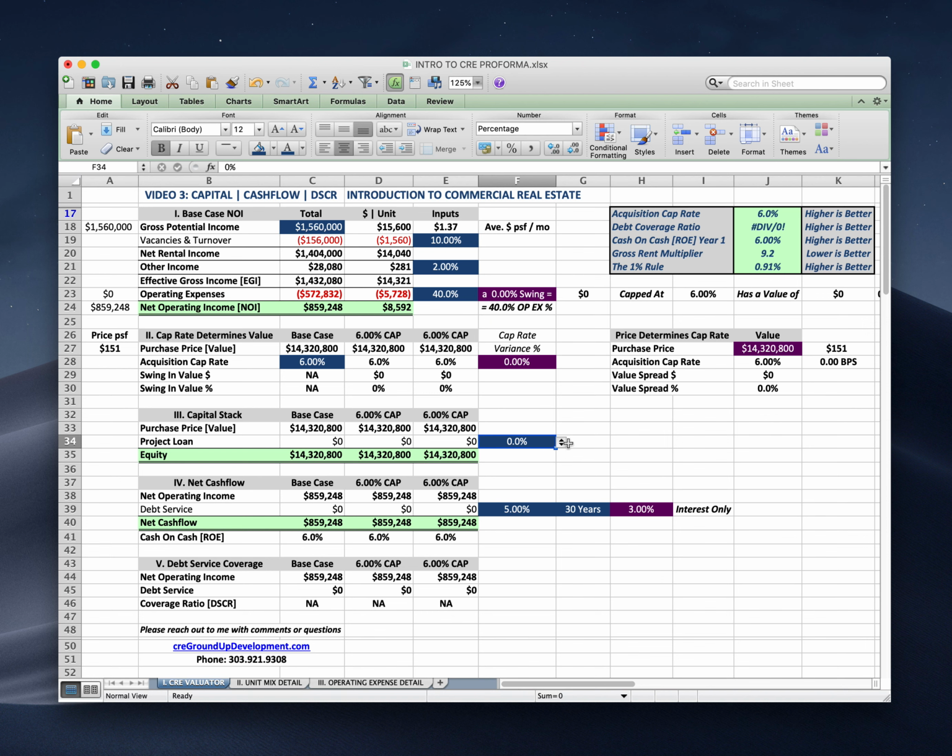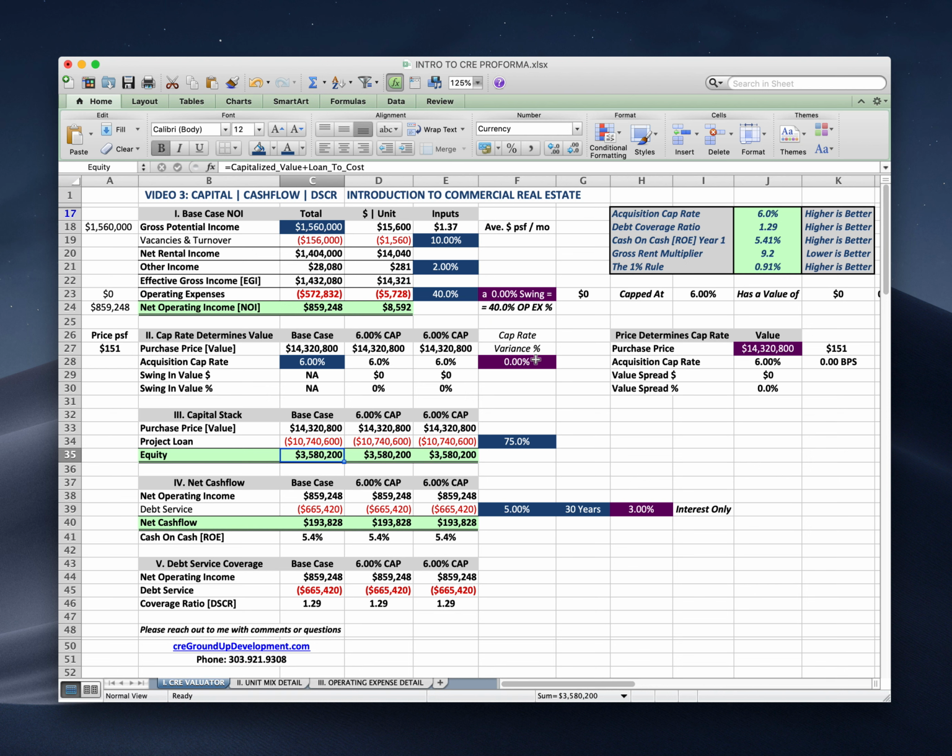So since we're looking at putting a loan on the property, and typically if you use 75% as a loan to cost, not value, then that relationship would create a loan of just a little under $11 million and an equity requirement of $3.5 million.